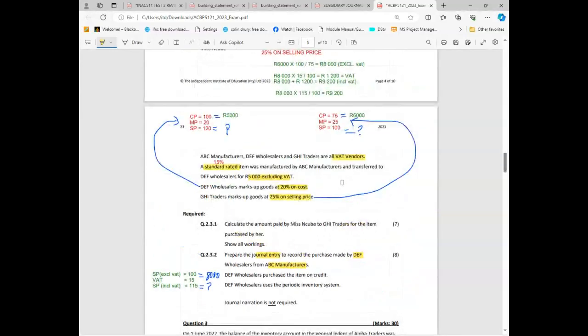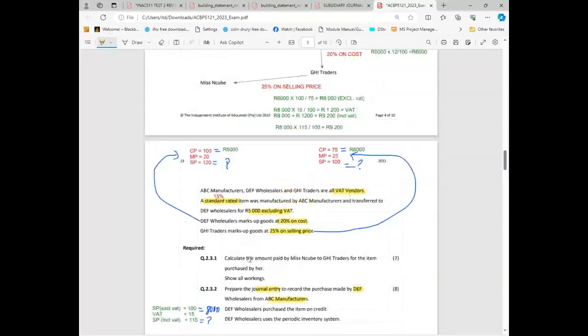So I don't know how to do this one because I got it wrong. You got it wrong? Yes, I took the 6,000. I did the first method.